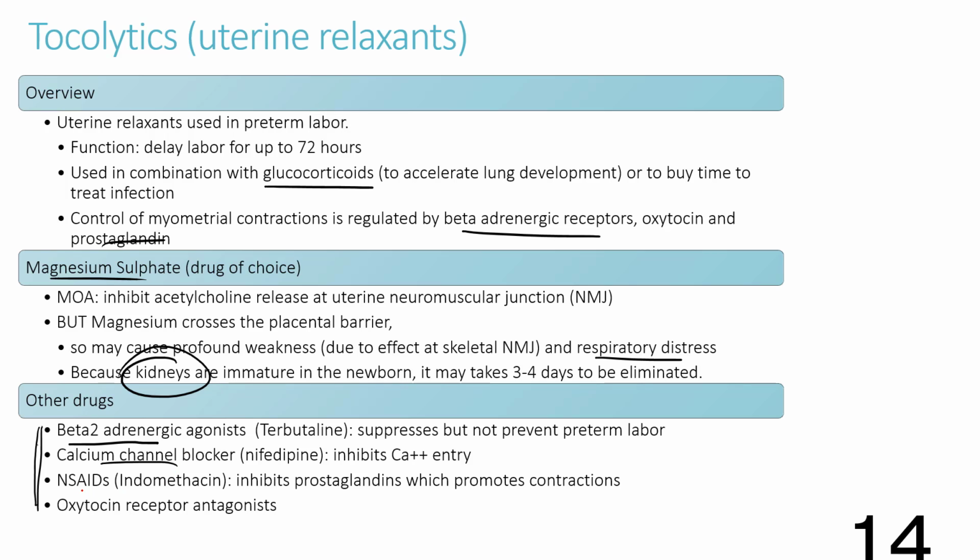You can give non-steroidal anti-inflammatory drugs, because they basically inhibit prostaglandin production, and prostaglandin promotes contraction. And because oxytocin has been known to stimulate uterine contractions, if you give antagonists to the oxytocin receptor, it slows it down and relaxes the uterine smooth muscle. Right, so these are tocolytics.